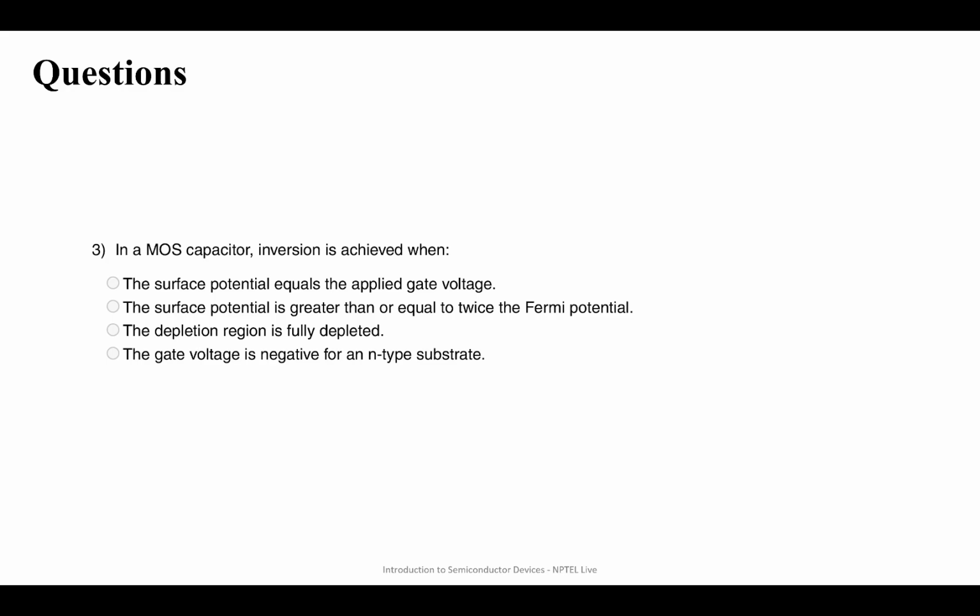In a MOS capacitor, inversion is achieved when the surface potential equals the applied gate voltage, the surface potential is greater than or equal to twice the Fermi potential, the depletion region is fully depleted, or the gate voltage is negative for an N-type substrate.